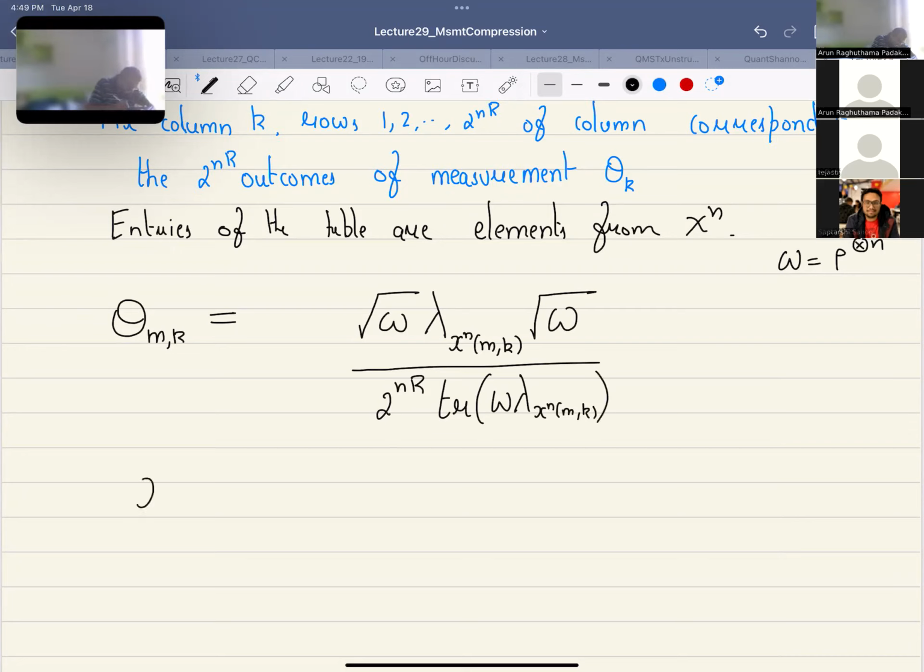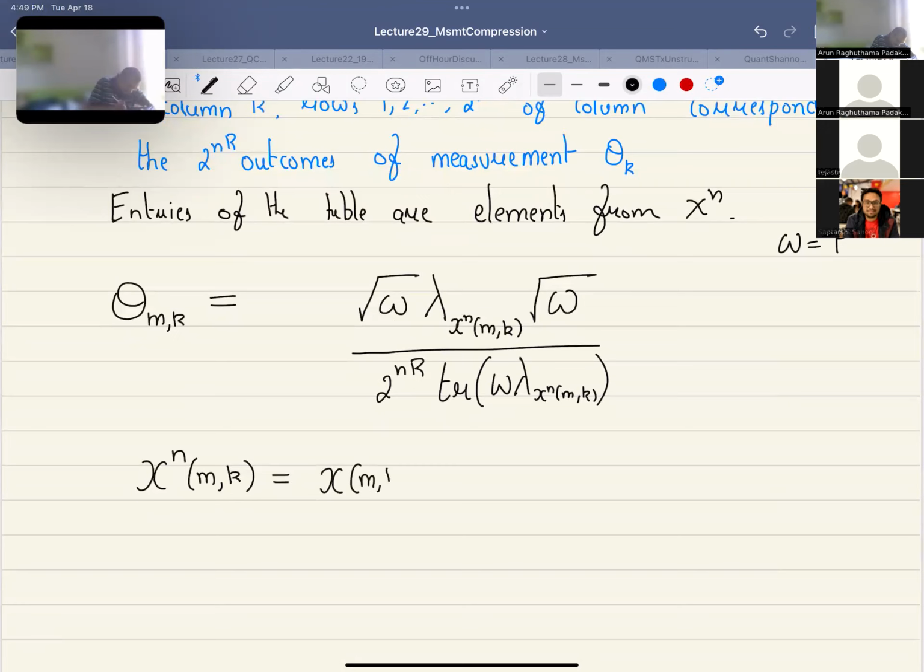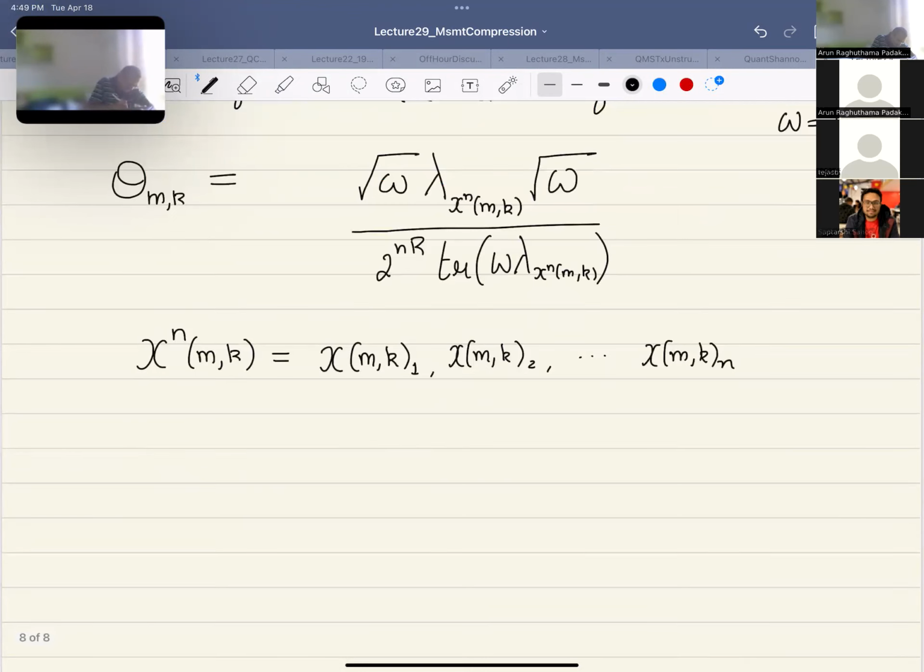What is xn of m comma k? Xn of m comma k is a vector, it has n elements, right? So x of m comma k1, x of m comma k2, all the way until x of m comma kn. So what is lambda xn of m comma k? Well, this is just lambda x of m comma k1 tensor lambda x of m comma k2, all the way tensor until lambda x of m comma kn.